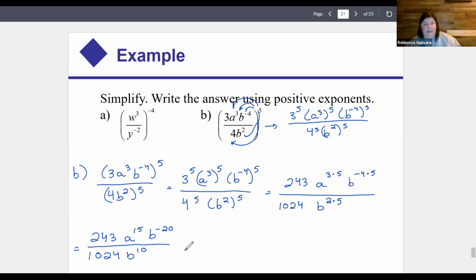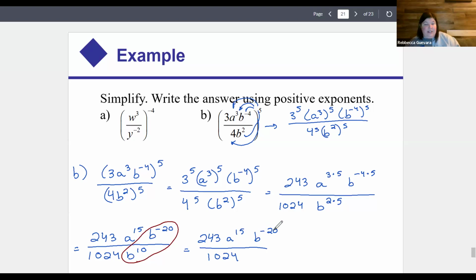And we're not quite done yet because by the quotient rule, and you might have noticed another way I could have done this, but I'm just following my rules here the way we have them. We have a b in the top and a b on the bottom, so I can subtract those powers.